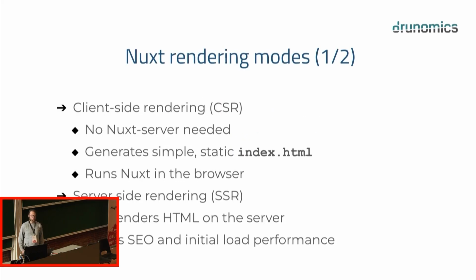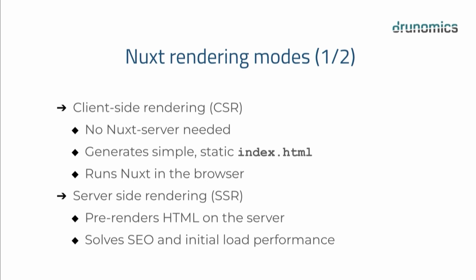So the Nuxt rendering modes are, first off, client-side rendering, which is the most simple one, which means there's no server involved. Basically, when you build your application, Nuxt will just generate a very simple static index HTML, which also contains the JavaScript.